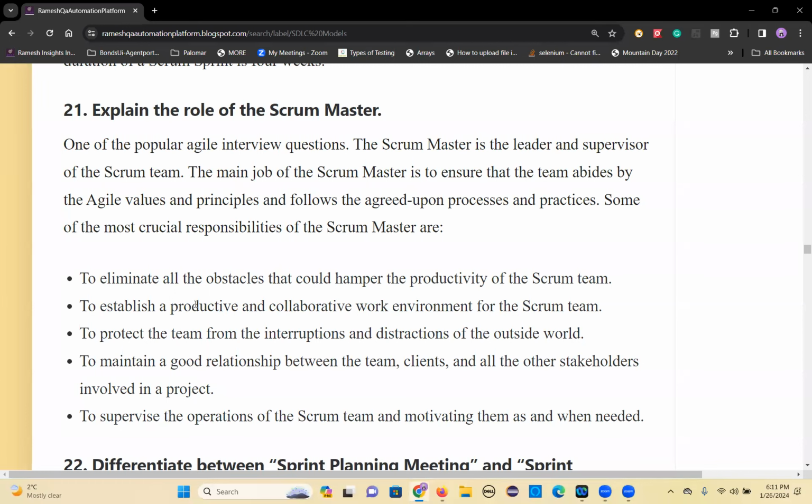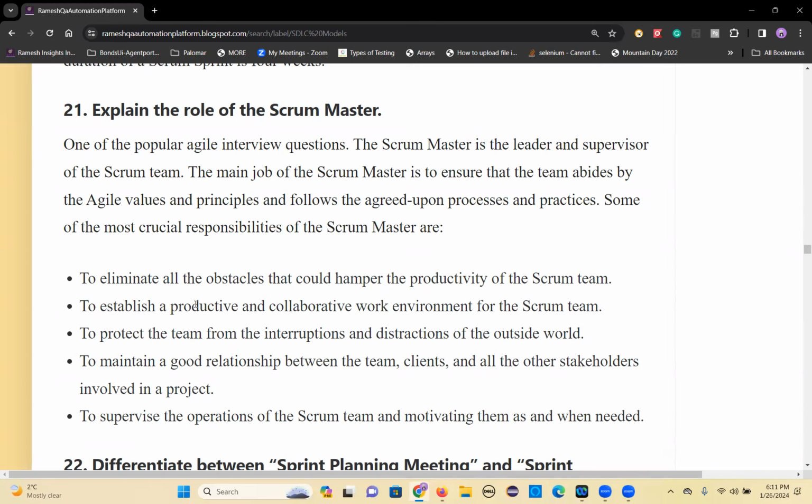Okay. So are you clear? So what Venkatesh explained: sprint planning meeting, what will happen? It's the beginning day of the sprint.